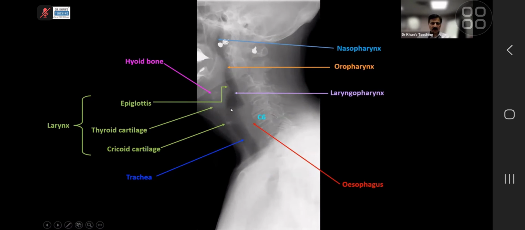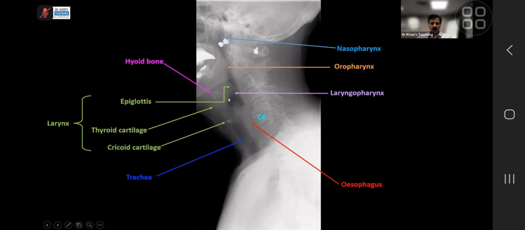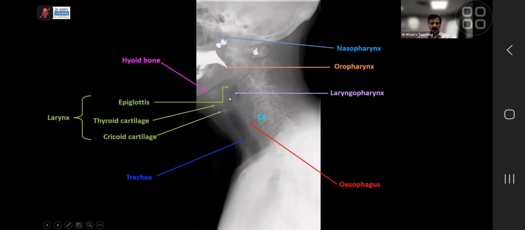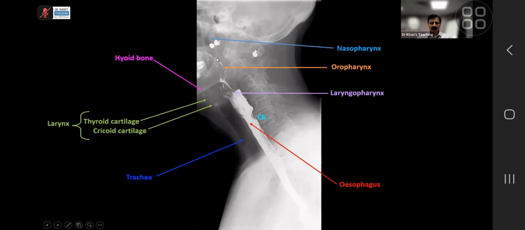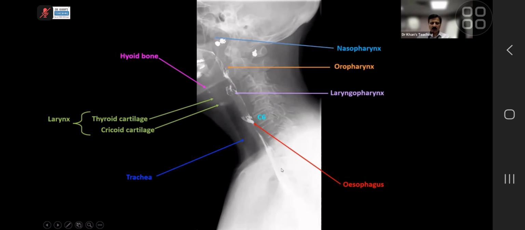This is the epiglottis. This is the larynx, and see how it is going to cover it. Here you are. The constrictor muscles raise the pharynx superiorly, and it obliterates this air space. You see, this is completely obliterated, and then the bolus goes down.